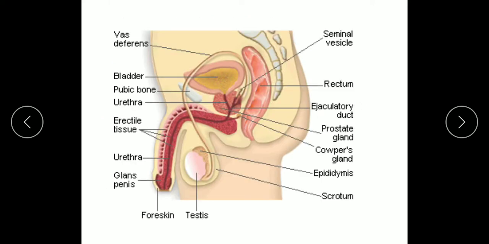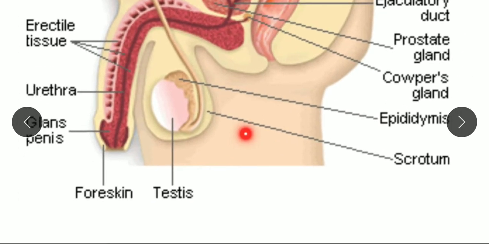These organs are designed for the purpose of intercourse and conception. See that picture? It is the male reproductive organ system.